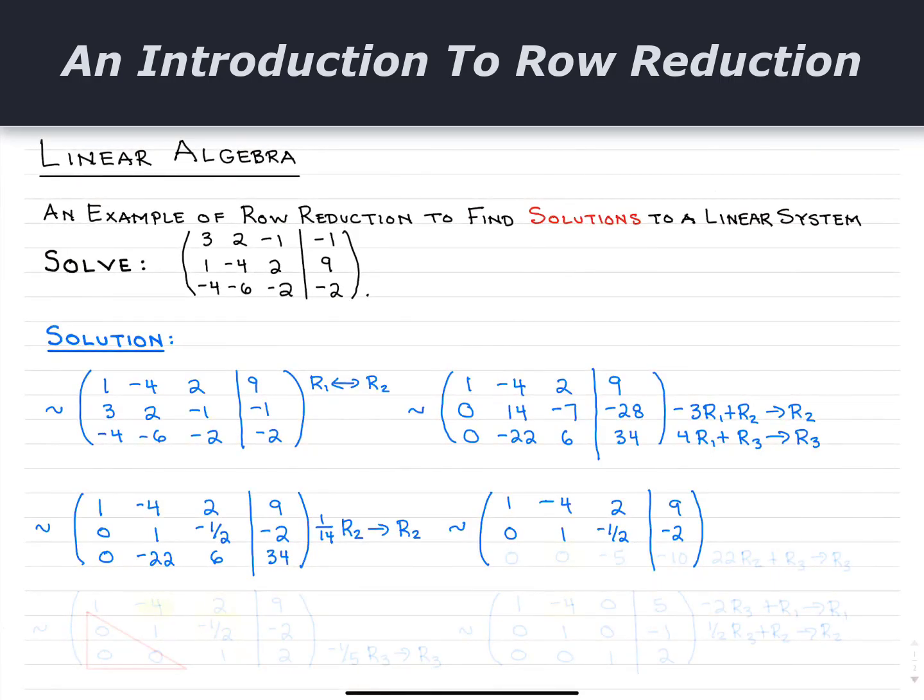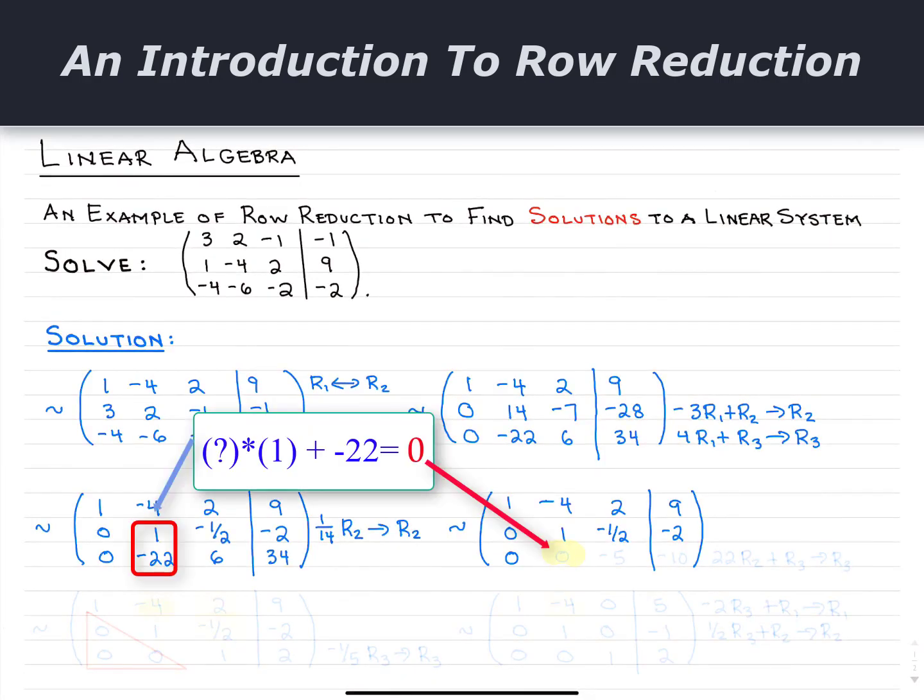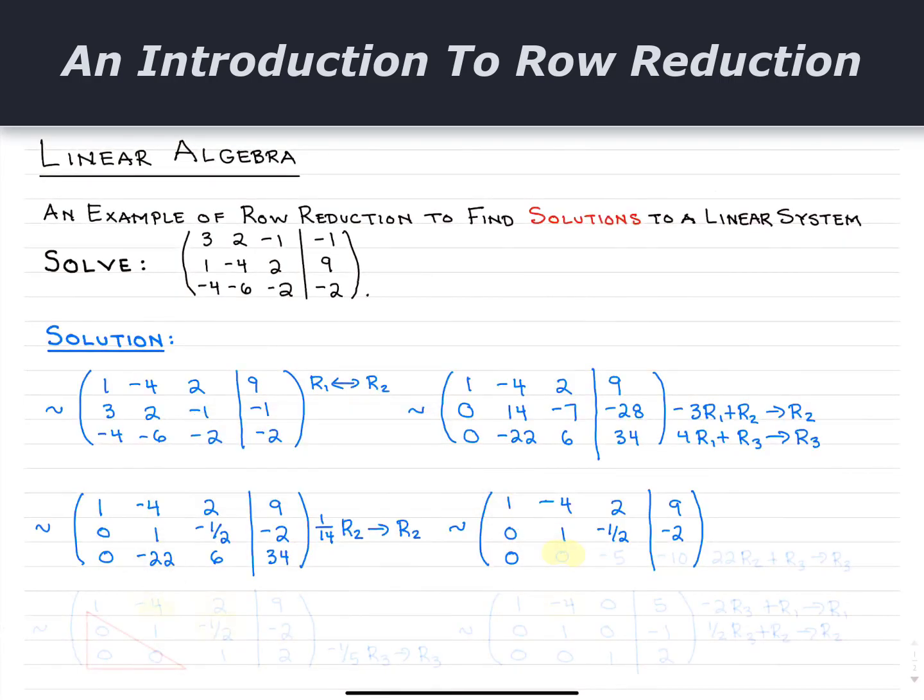Well, we're considering what number do I multiply 1 by so that when I add it to -22, I get a 0 in the 3, 2 position. Well, that's just 22. It's just the additive inverse of negative 22.